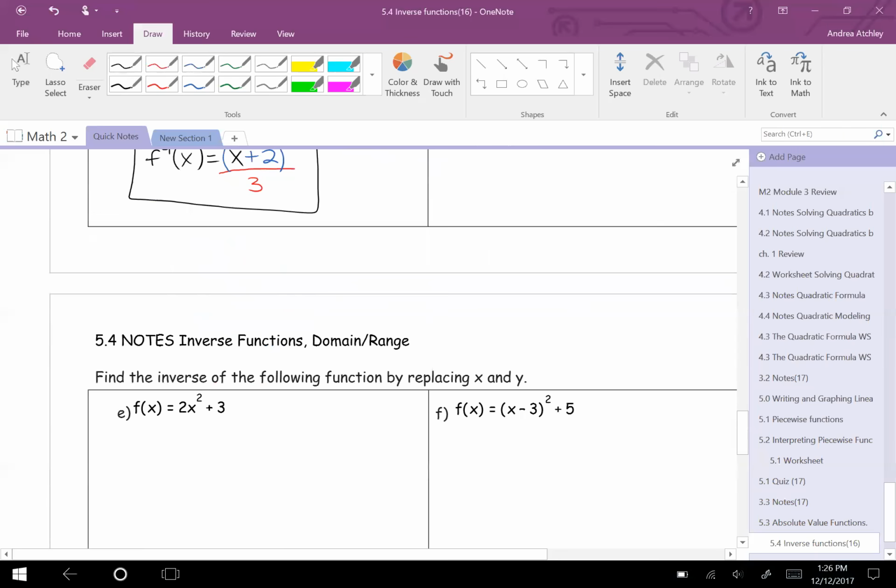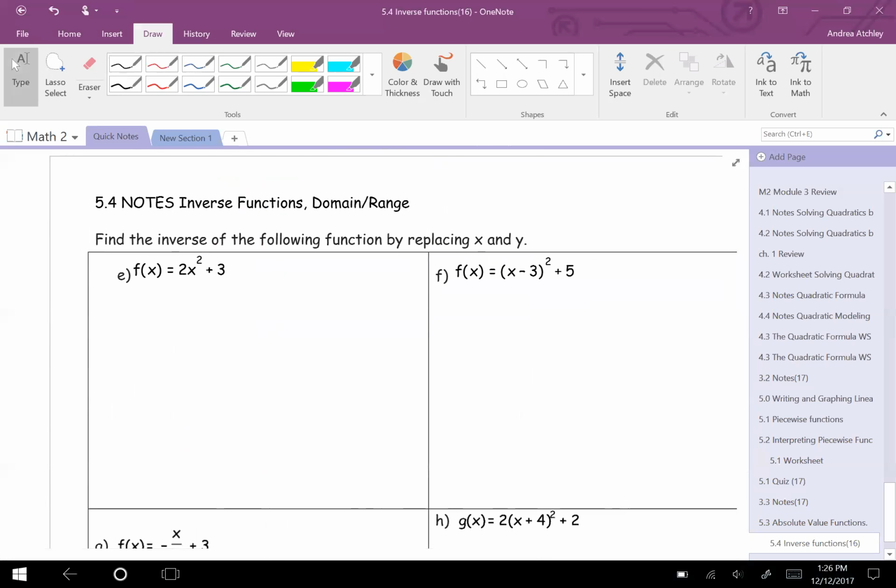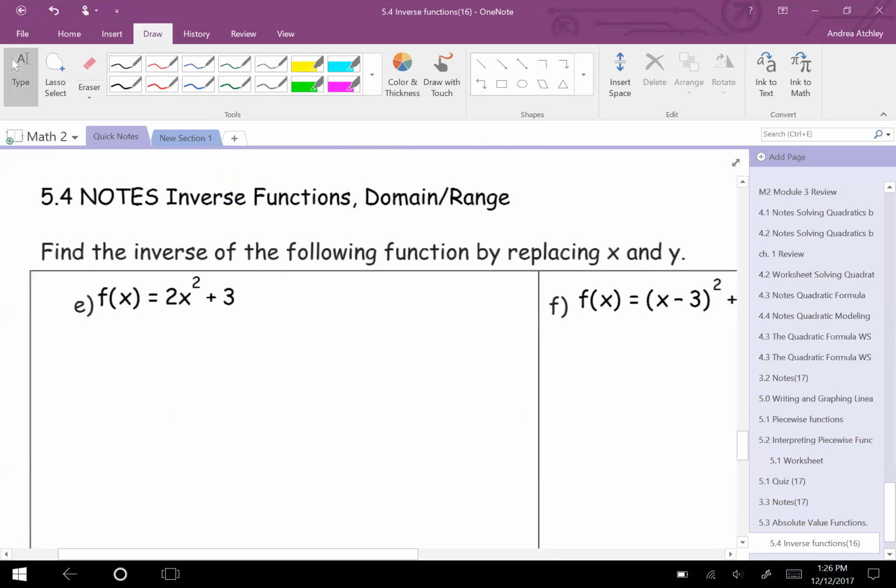An easier way to do this, when our equations become more complicated, is another way we can define the inverse: by replacing x and y. So for this first equation, let's just review. f(x) is the same as y. They're interchangeable, so don't be confused by that.